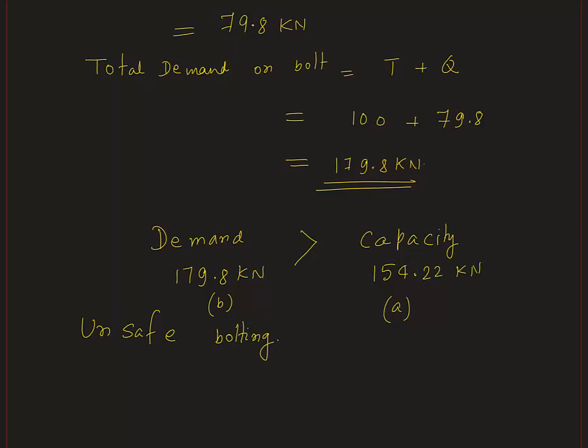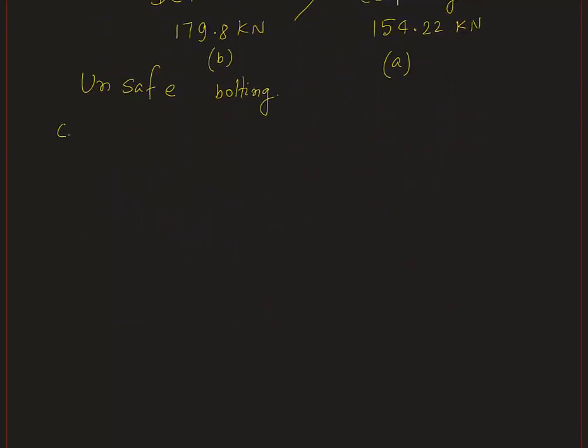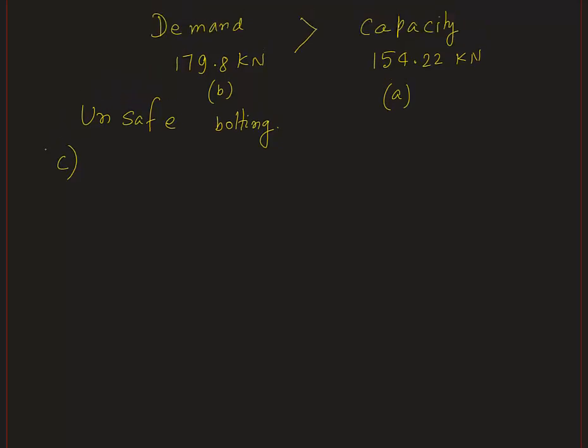So now question C says, if the bolt is unsafe, then how can it be made safe? We have only one possibility: if we can somehow reduce the value of Q, then I can reach a situation where demand is equal to capacity, or capacity is more than the demand.